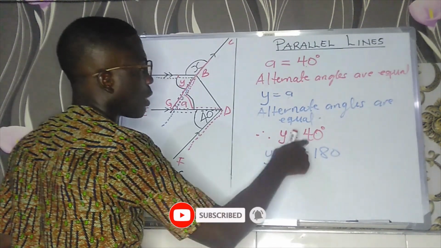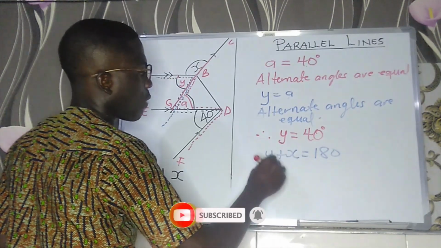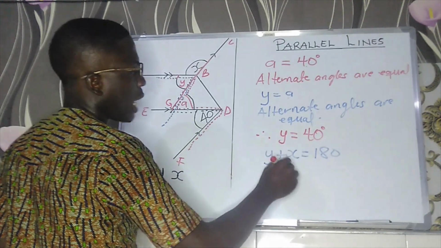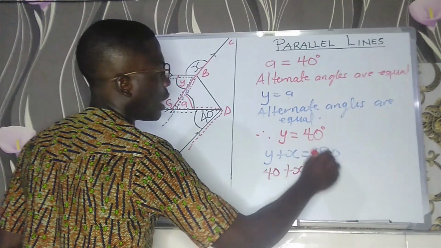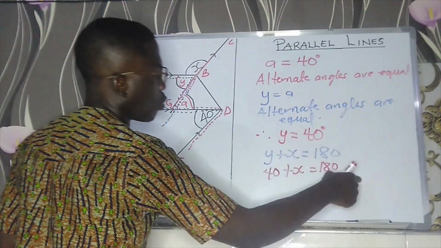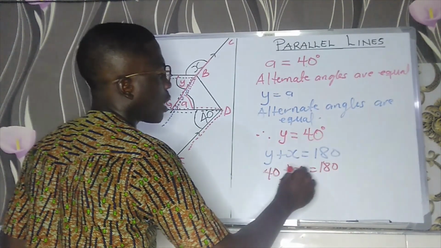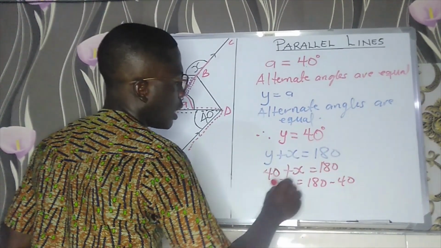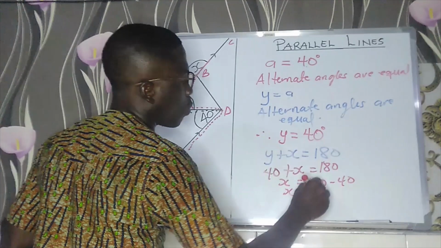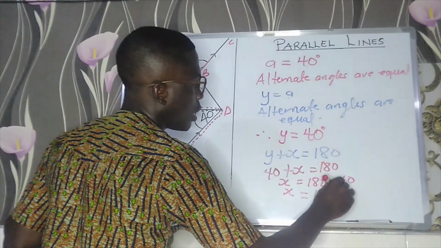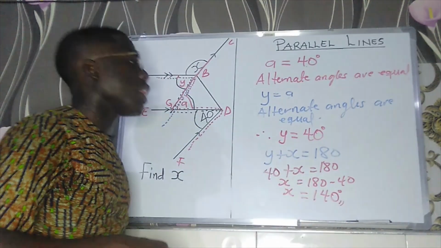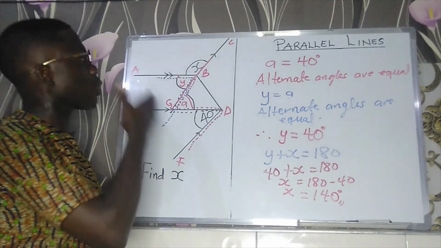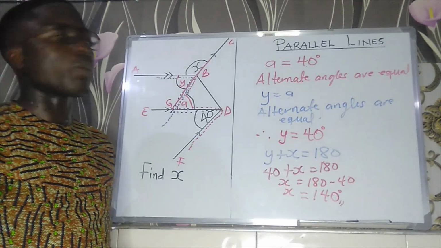But Y is equal to 40. So we have our 40 here plus our X should be equal to 180. We transpose this 40 to join this. We have X equal to 180 less 40. Then X will be equal to 140 degrees. This is how you are supposed to go by this particular question.